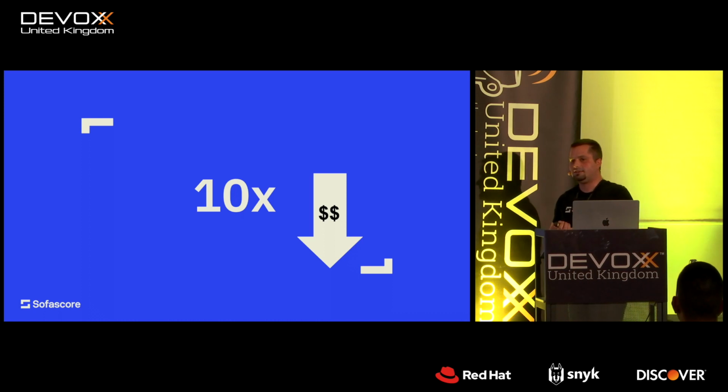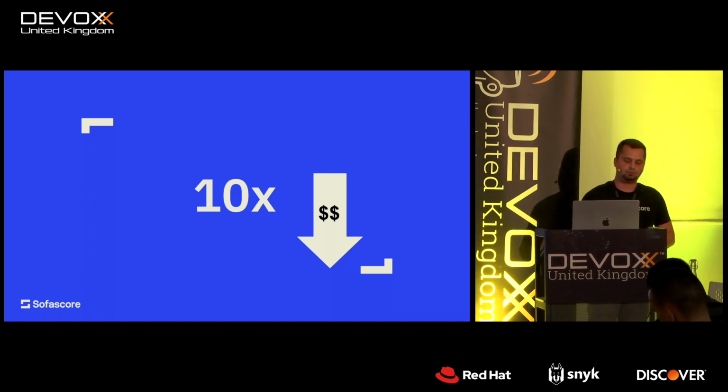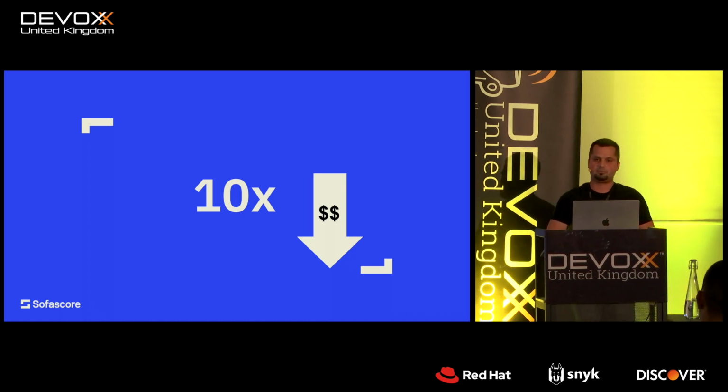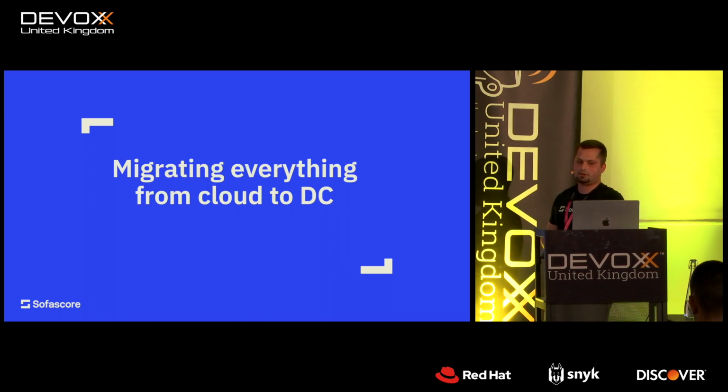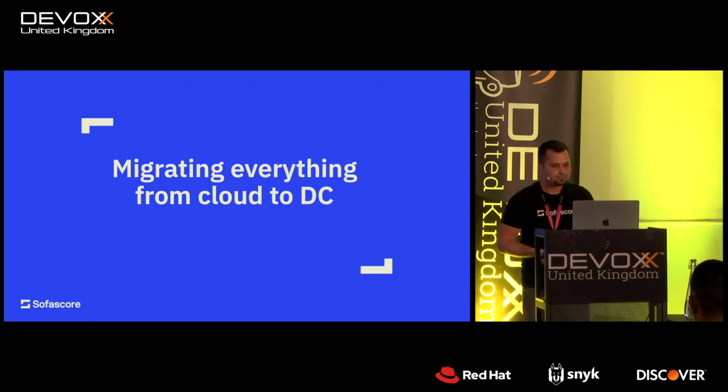And then it got us thinking. So this was really a great move to keep the cost of the service down. So what would happen if we were to migrate everything from the cloud to the data center? And you have to keep in mind, at that point, cloud was all the rage. So we were, again, doing something that seemed stupid, because why would you move away from the cloud?